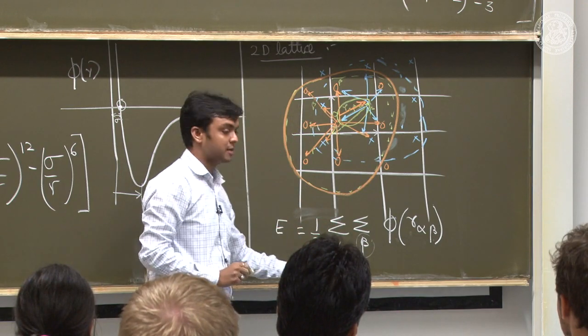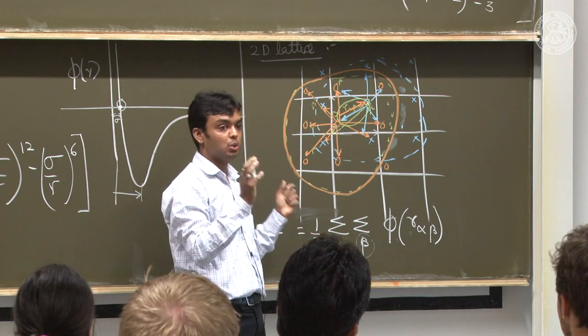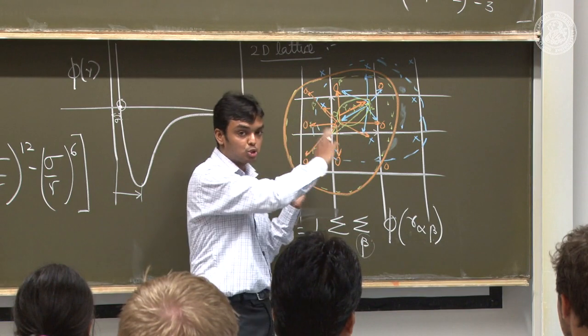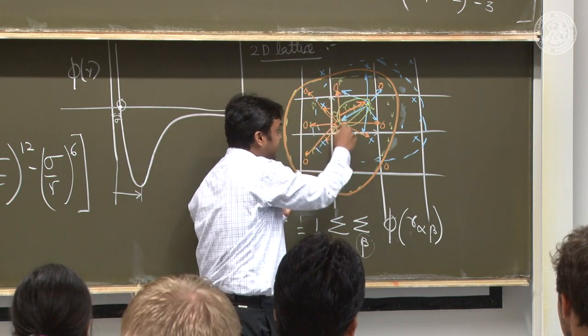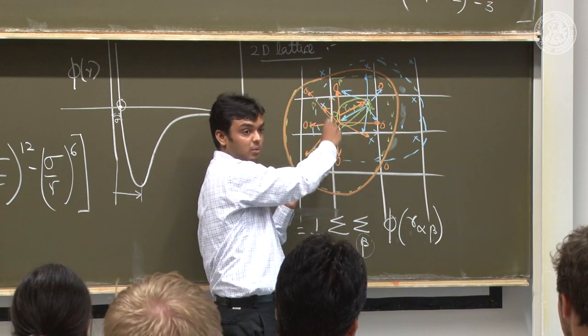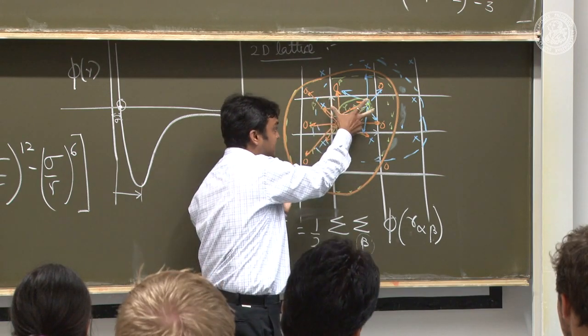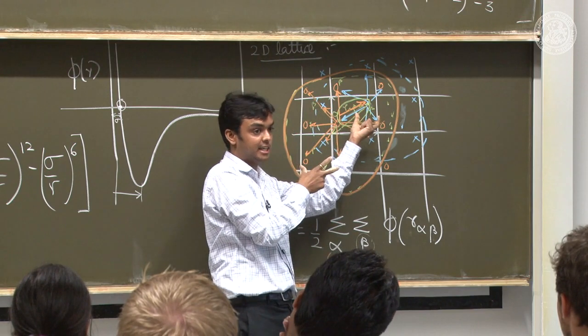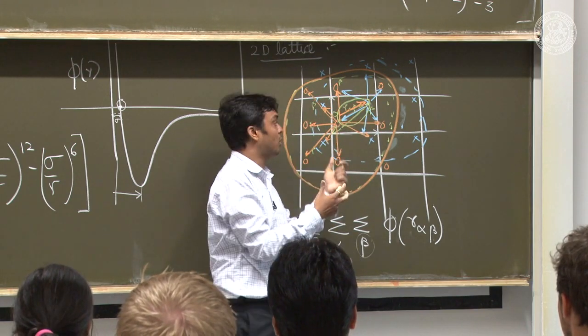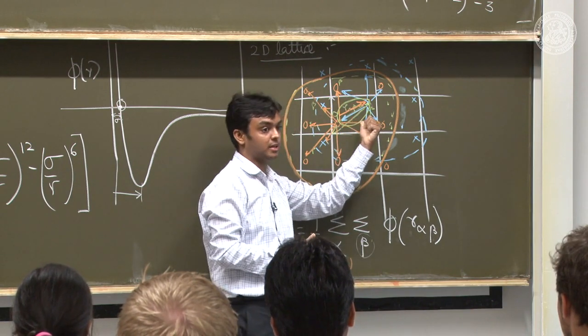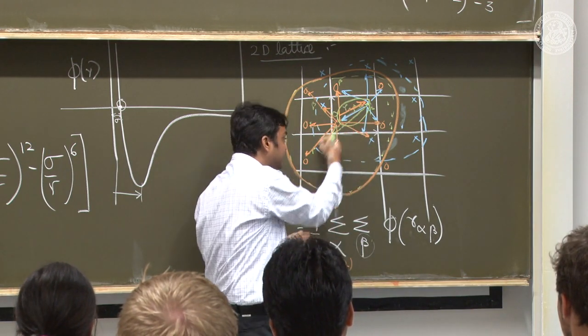That's why you need to divide by 1/2, so that you only accommodate those bonds which are present inside the unit cell or crossing the unit cell. So when I write the energy of this unit cell, I want to write the energy for all those bonds which are present inside the unit cell or crossing the unit cell.